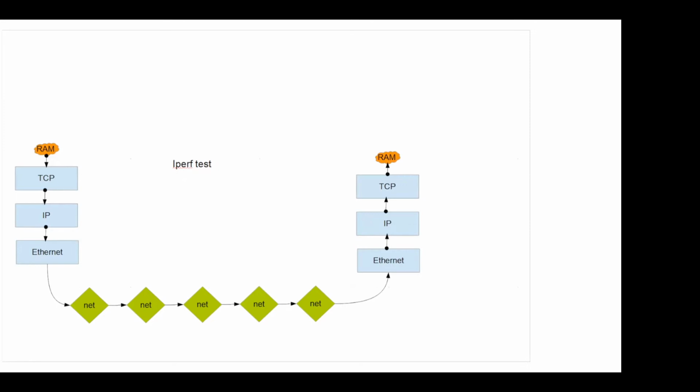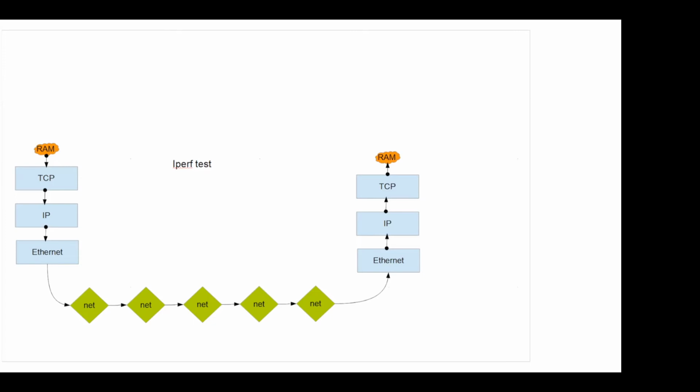So when I ran that iPerf test, the iPerf program invents packets out of thin air. It writes them into a buffer in RAM, and then for TCP, which is part of the operating system, part of the kernel, to grab, and then TCP hands it to IP, and IP hands it to Ethernet, and then it goes on the cable out of your computer and it hops across the net.